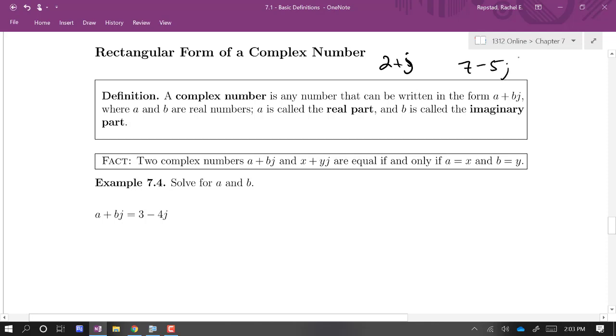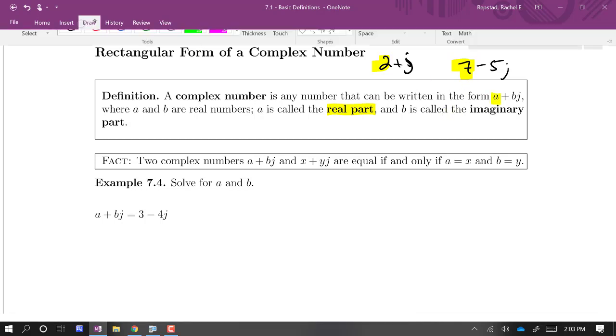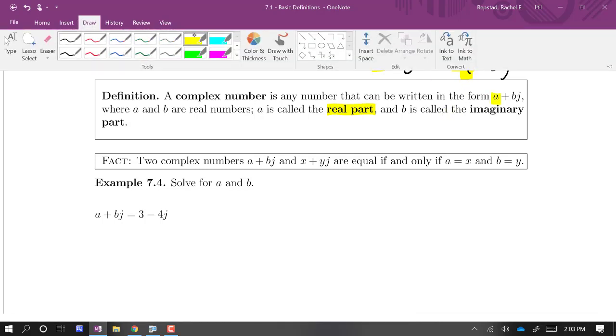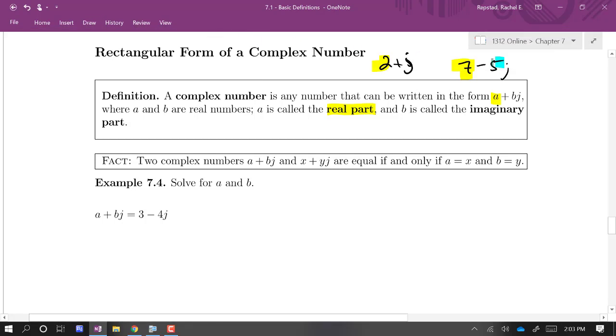It's got a real part, that's a real part, the real part doesn't have the j attached, and then the imaginary part is the coefficient of j. So the imaginary part of that number is negative 5. The imaginary part of this number is positive 1.